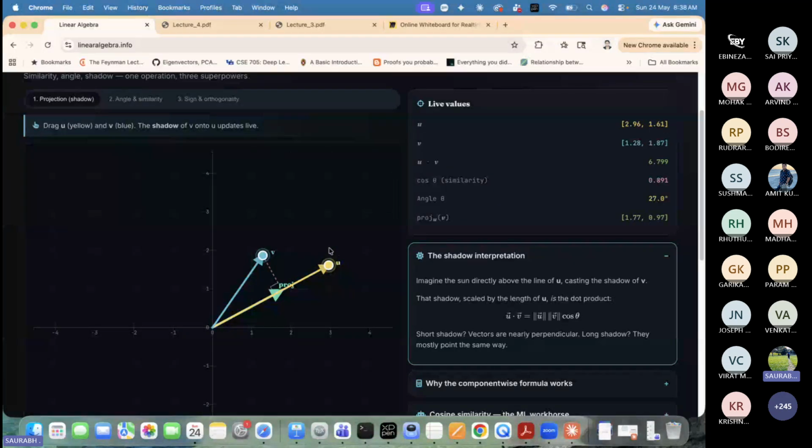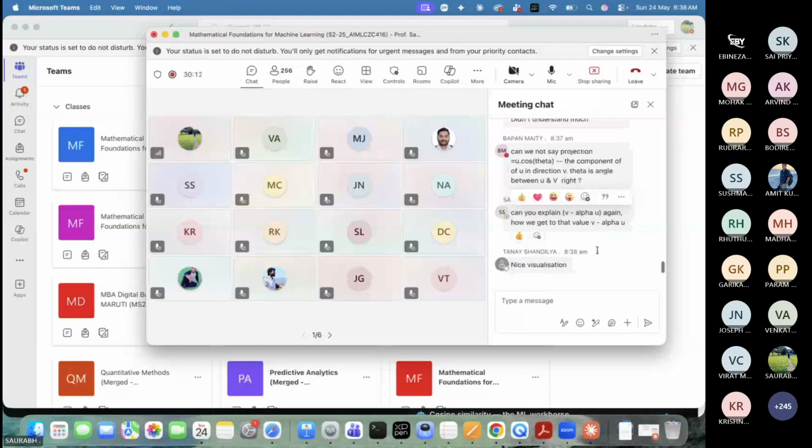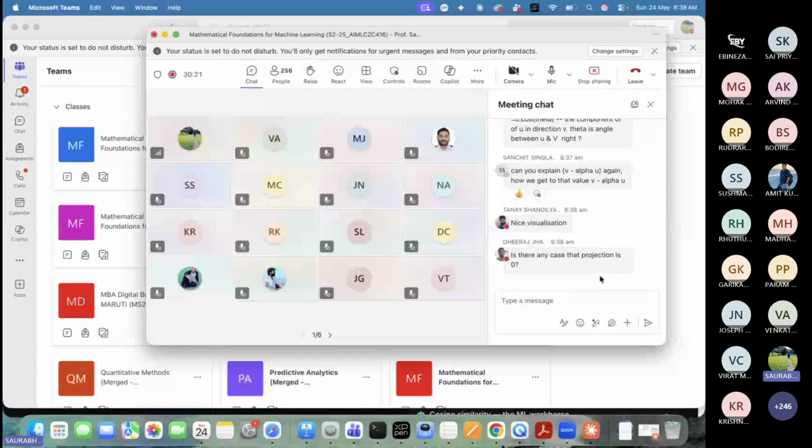That's all we are trying to find out. Okay, good. The projection would be zero only when you have vectors which are perpendicular. That's the only case.